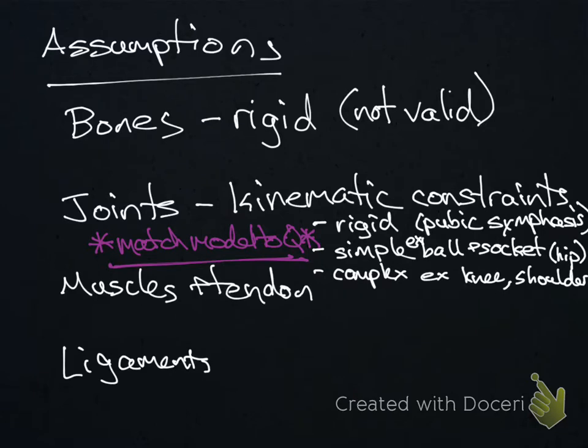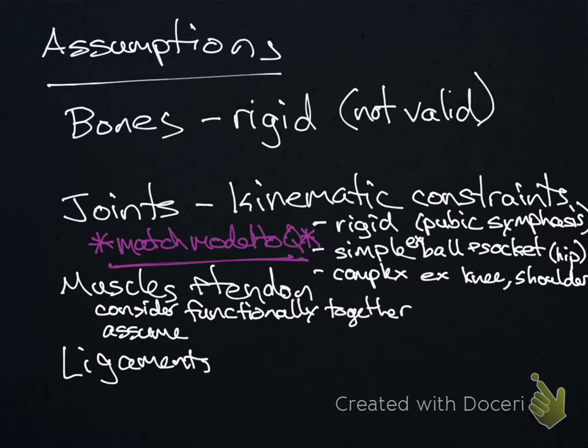Muscle and tendon, we're going to consider functionally together because they work together to transmit force, even though they're actually molecularly different tissues. We're going to assume that they act along a straight line.